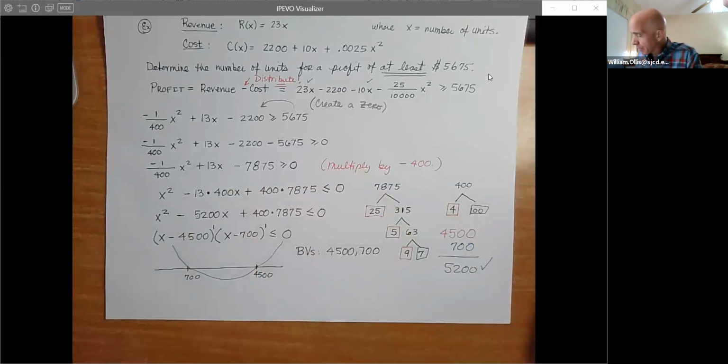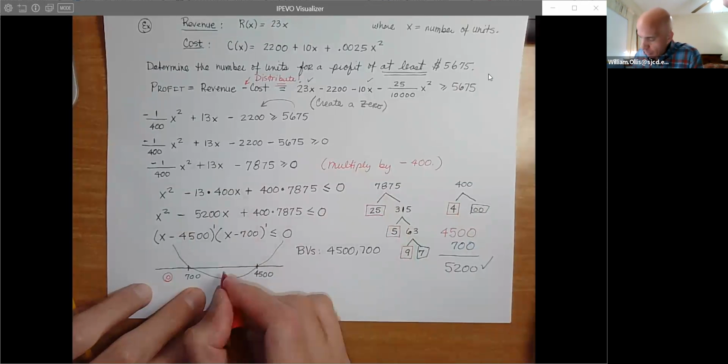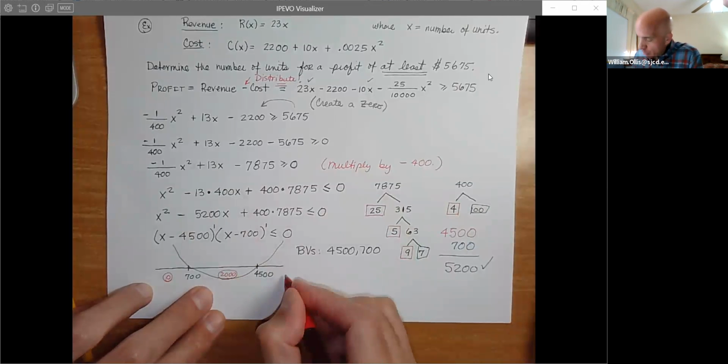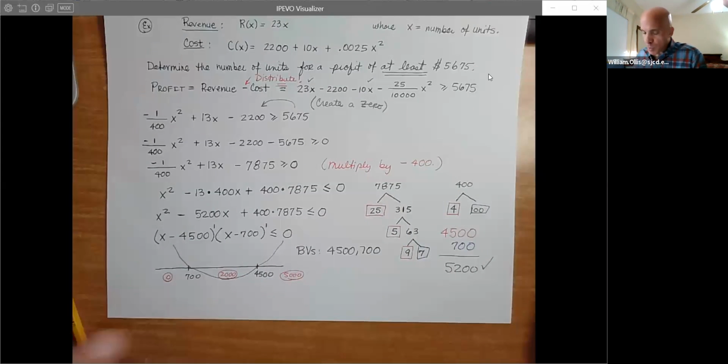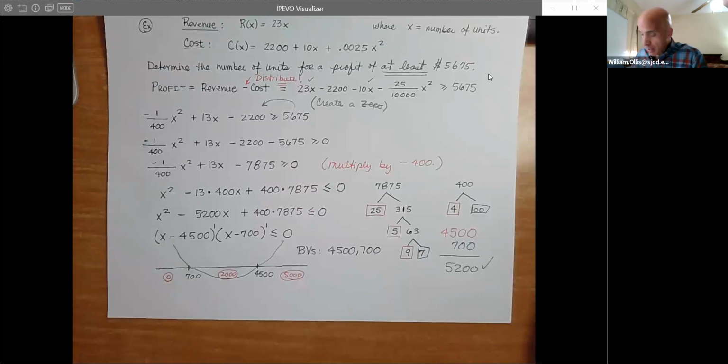Now, if you will, go ahead and just to remind yourself of test points, we could take a 0 here. Here, you know, I don't know, take a 2,000. And here a 5,000. So I mean, once it's this straightforward, I think you get the routine. So now, of course, with the 0 here, we get 2 negatives.